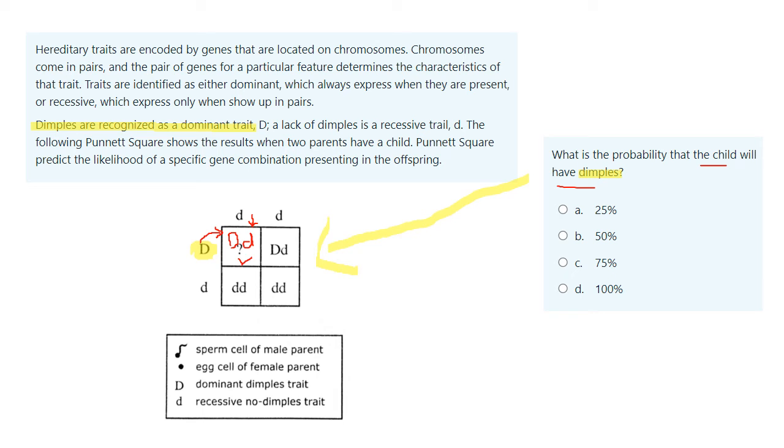So this would have dimples, this one would have dimples, this one would not, and this one would not. The two on the bottom would not have dimples because they have two recessive genes, and dimples are a dominant gene. So the correct answer is 50%. There is a 50-50 chance, a 2 in 4 chance, that the child will have dimples.